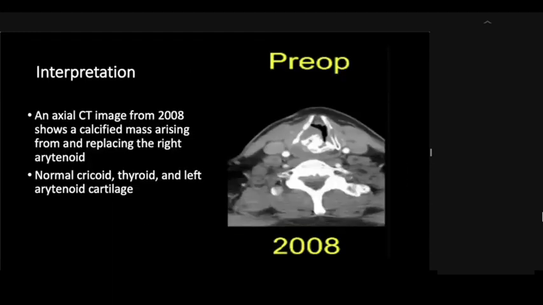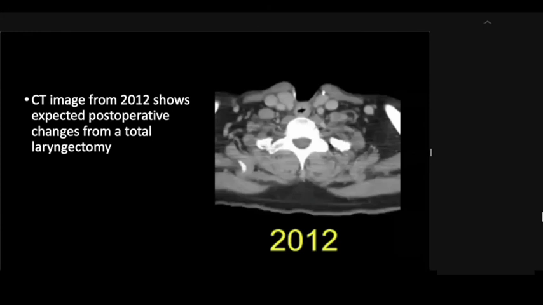An axial CT image from 2008 shows a heterogeneous calcified mass arising from and replacing the right arytenoid cartilage, which was subsequently proven as chondrosarcoma, and the patient underwent surgery. This is a selected axial image from one of the patient's postoperative studies, and this shows the expected postoperative changes from a total laryngectomy and no evidence of disease recurrence, as was the case on all of the patient's follow-up imaging right the way to 2019.